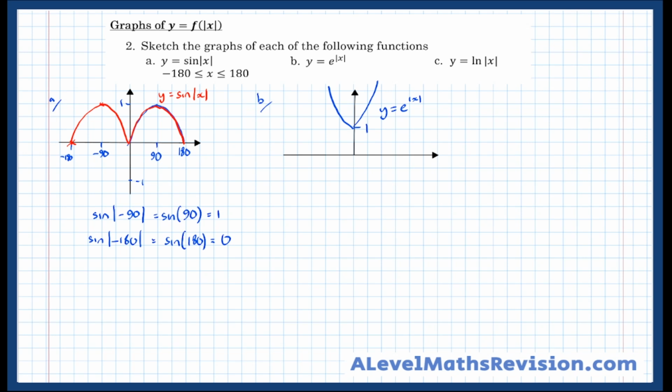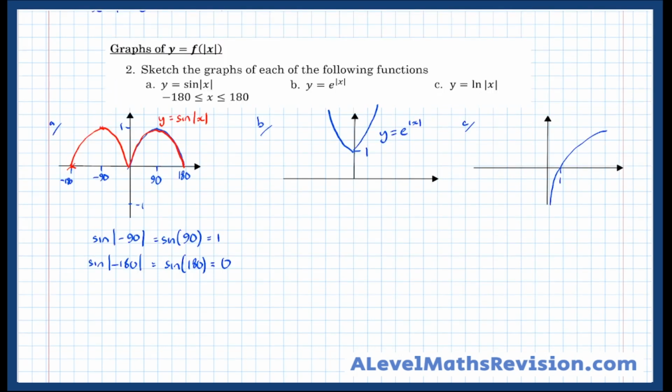Final one, part C. Y equals log modulus of x. So you might want to pause this and do it yourself. So follow the steps that we've just shown you. So there's the graph of y equals log x, and we discard anything to the left hand side of the y-axis. Well, there's nothing there anyway, so nothing to discard.